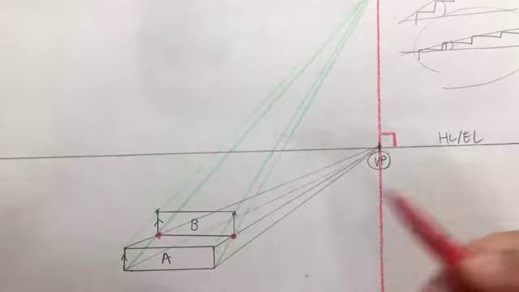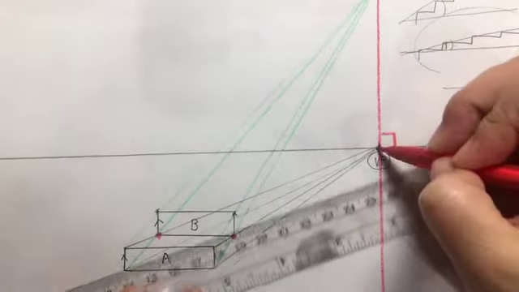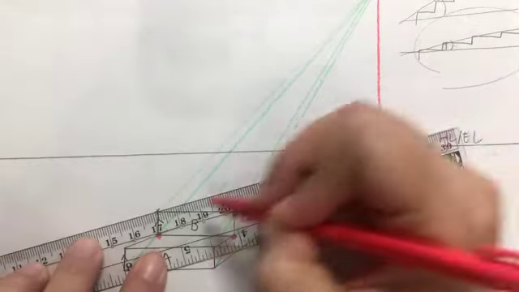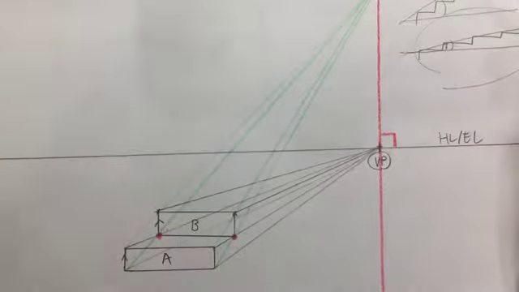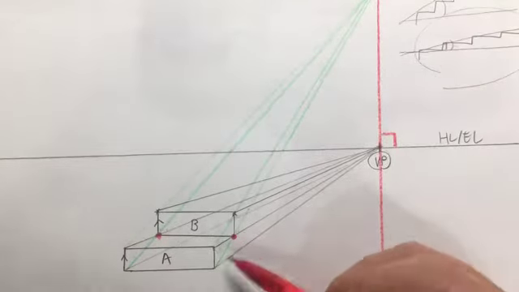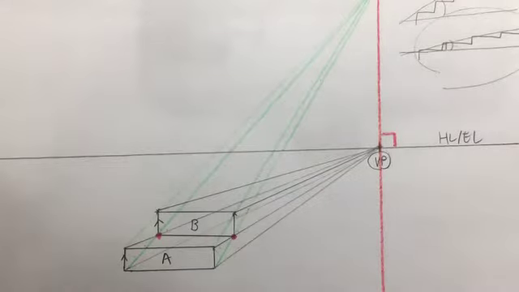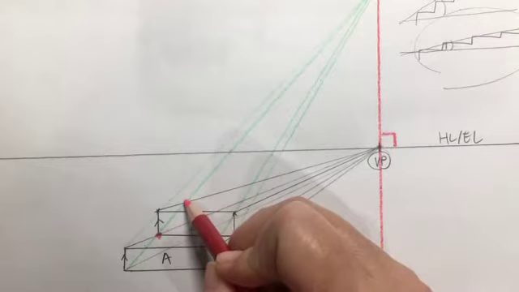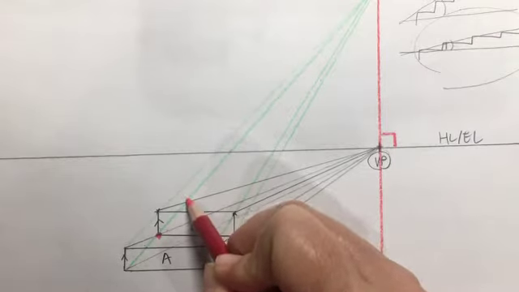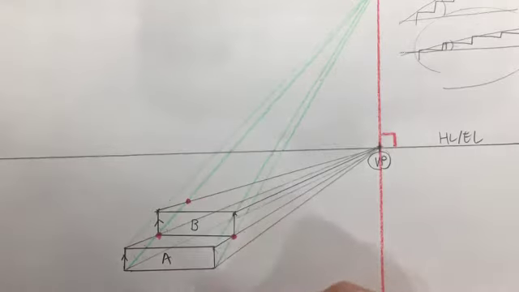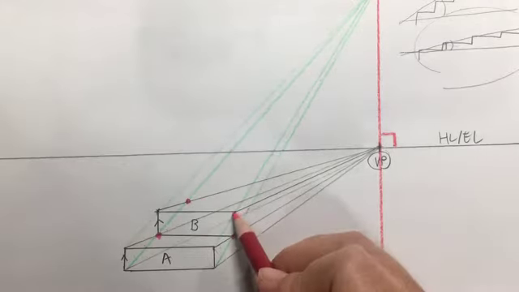From the corner, I'm going to draw the guideline again towards the VP, towards the VP, right? And I already have the guideline towards the AVP here. And what you want to do is to figure out where the green lines and then the black pencil intersect, right?